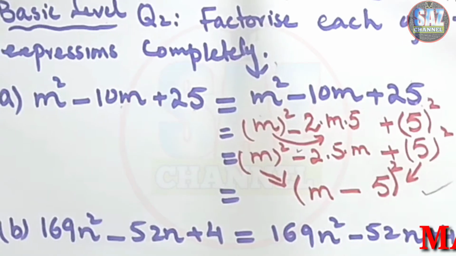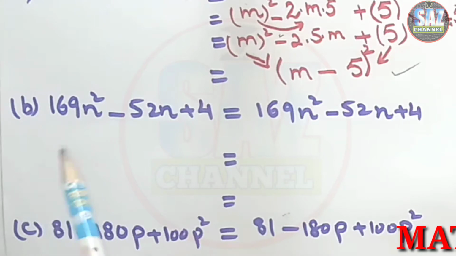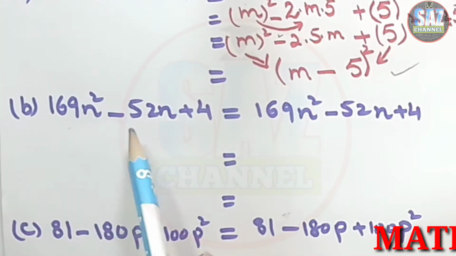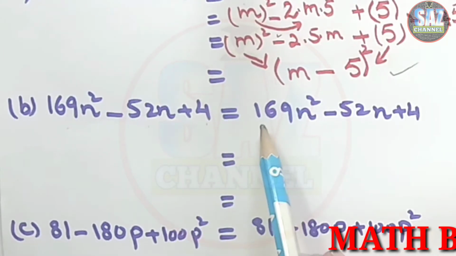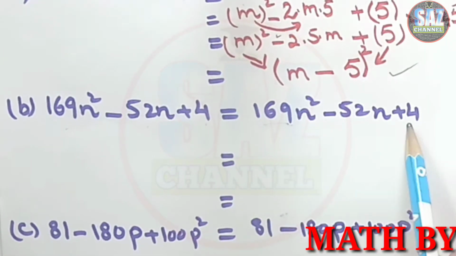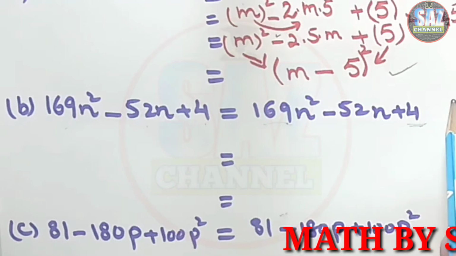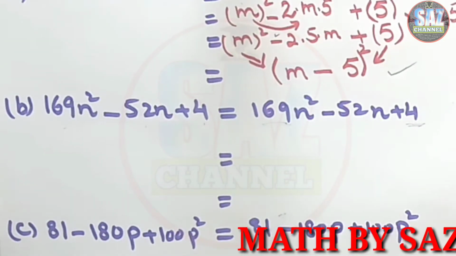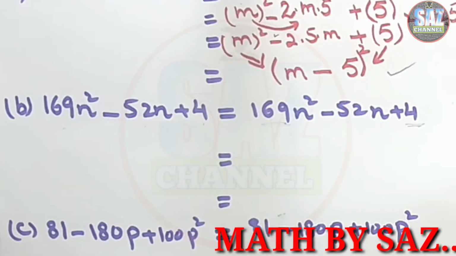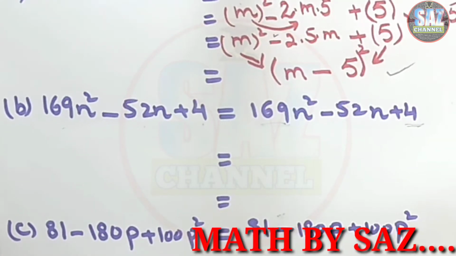Moving to the second question. The second question is 169n square minus 52n plus 4. Again, look at 169 and 4. They are perfect squares. So for this lesson, I would request you to please have a good command on the tables, squares and square roots.